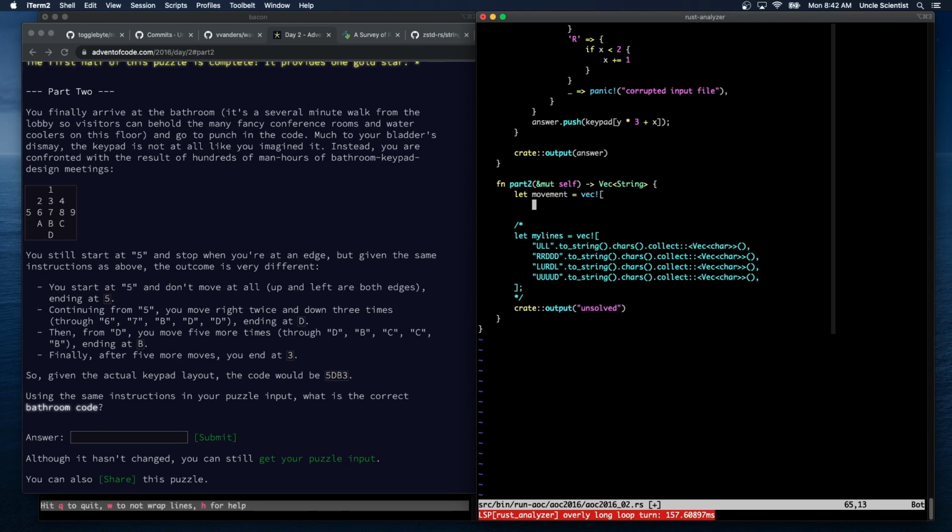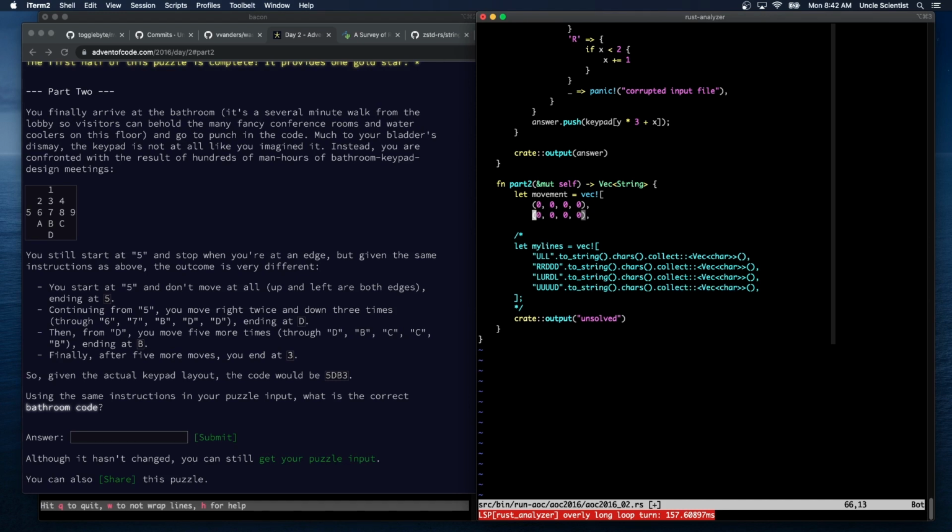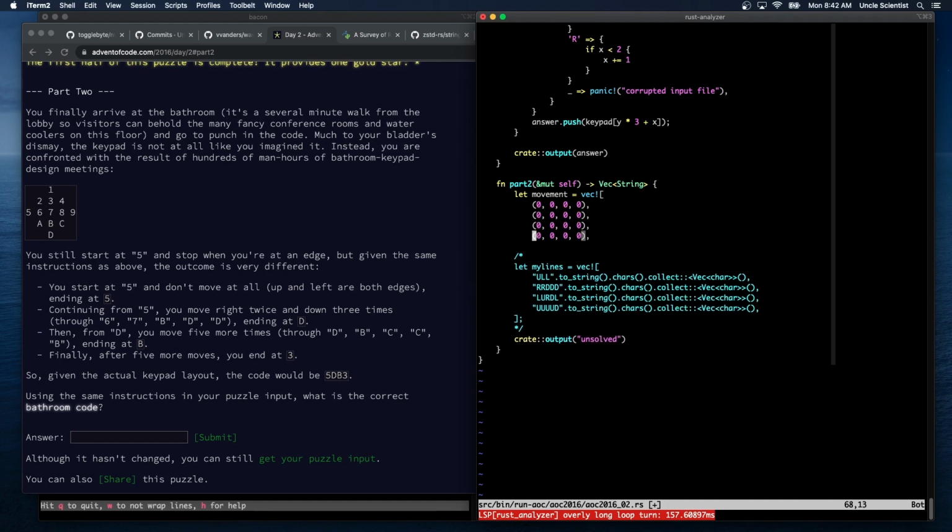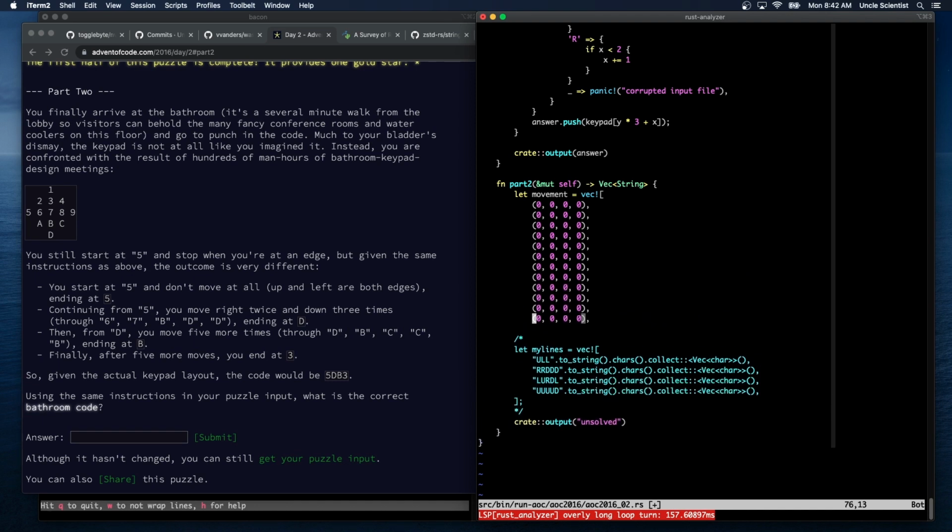And then we can just say if we're at 0, 0, this should be invalid. Up, down, left, right is all zeros. And if we're at 0, 1, the same thing. Oh, yeah, we can just put all these guys in.